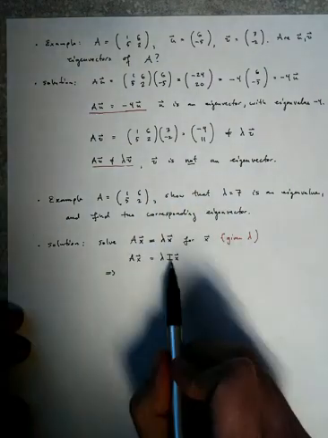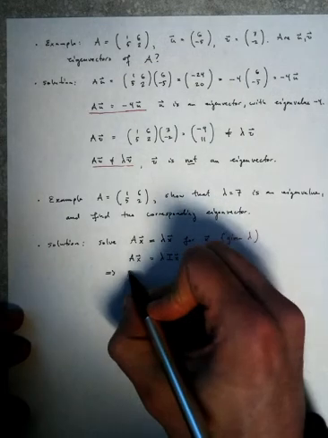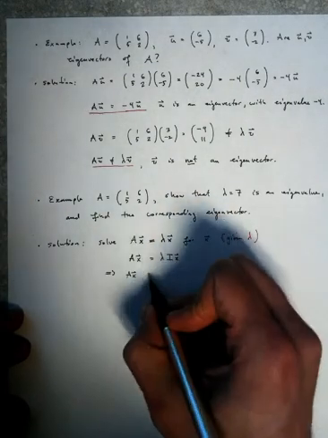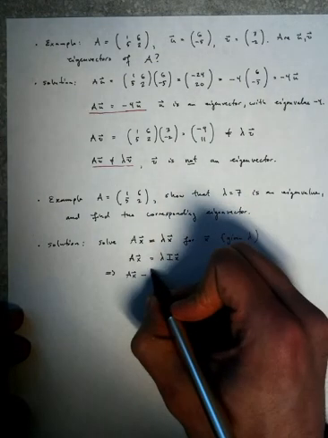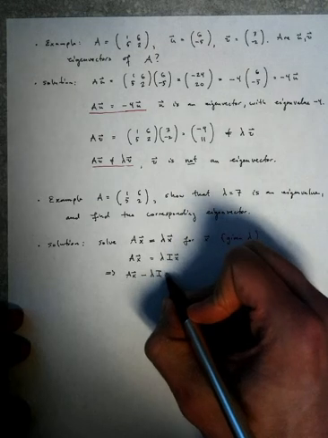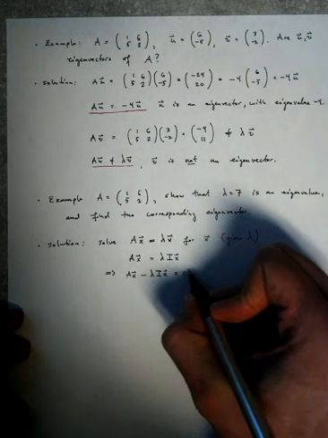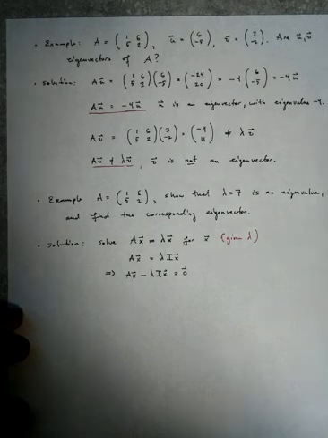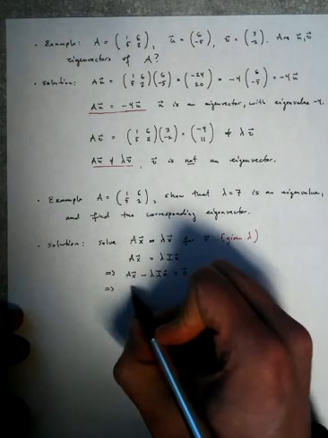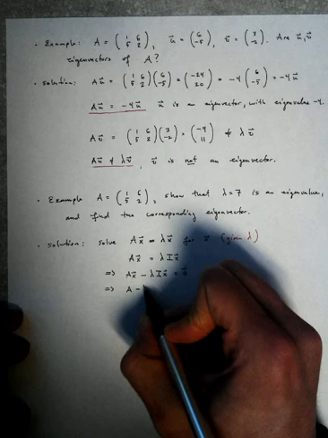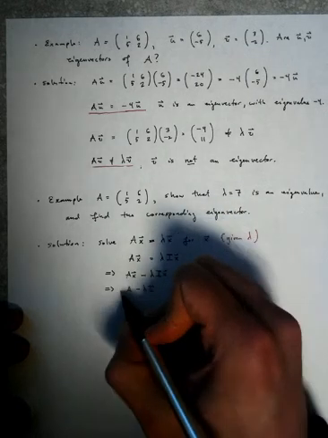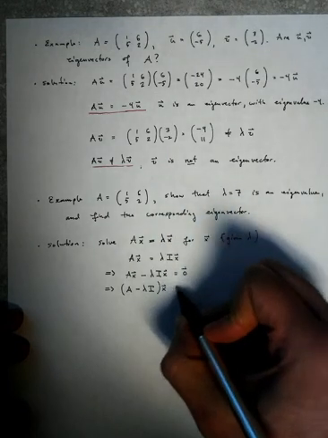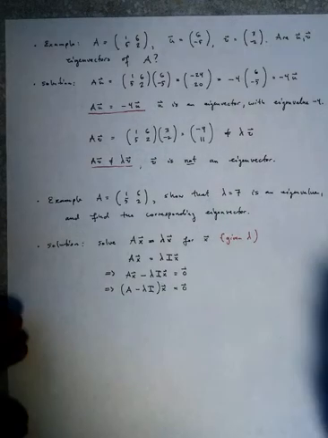I subtract this from both sides. I get A times x minus lambda times the identity matrix times x equals the 0 vector. Now I'm going to factor out x. So I have A minus lambda times the identity matrix, times x, equals 0.